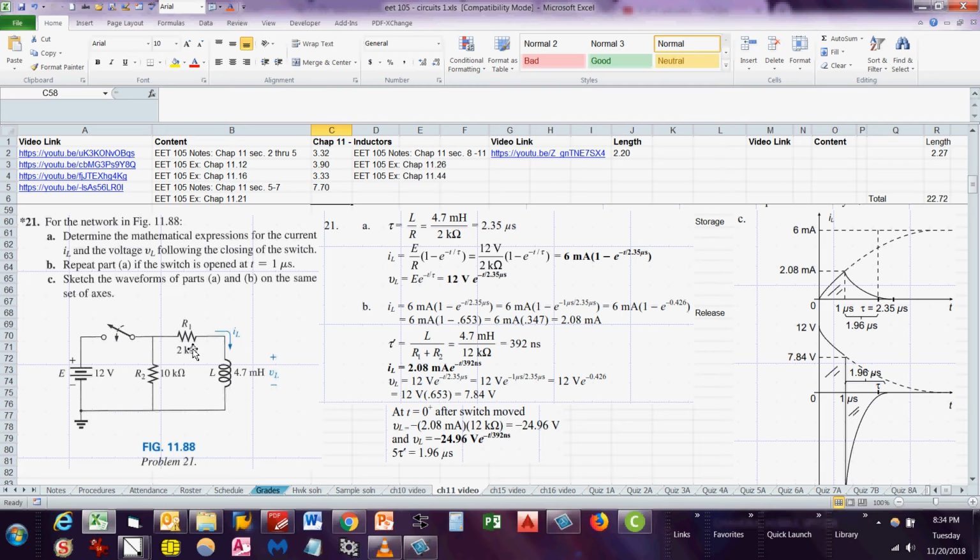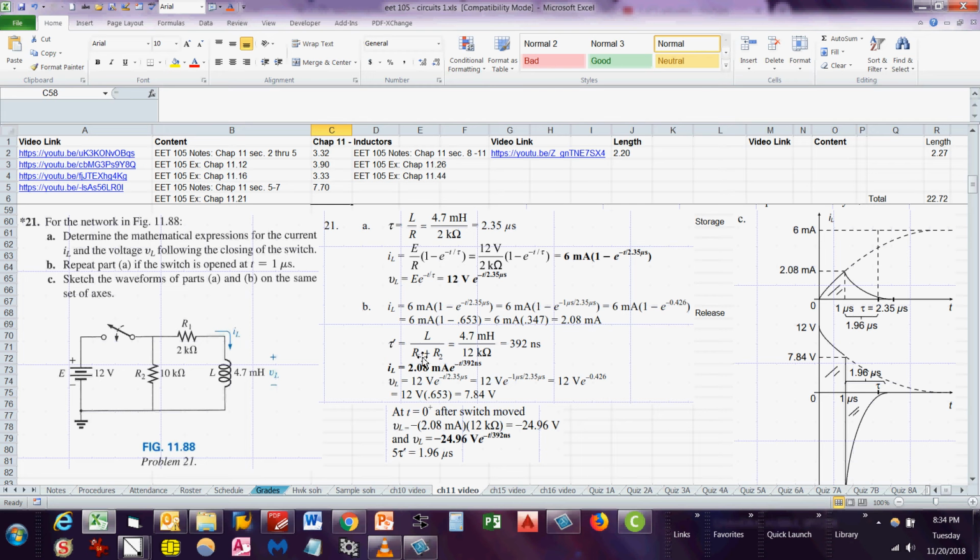When you open the switch back up, the current is still going this way, but now it's going through R1 and R2. And when you plug in that number to this equation up here, you get this 2.08 milliamps, when you put in 1 microsecond for little t using the same tau.